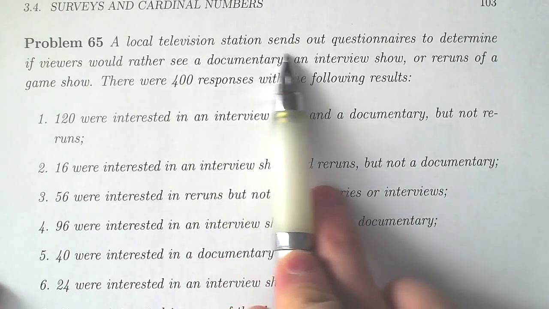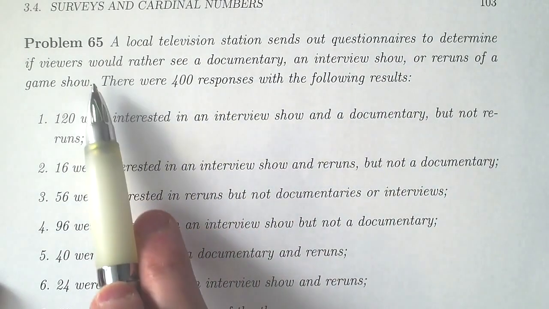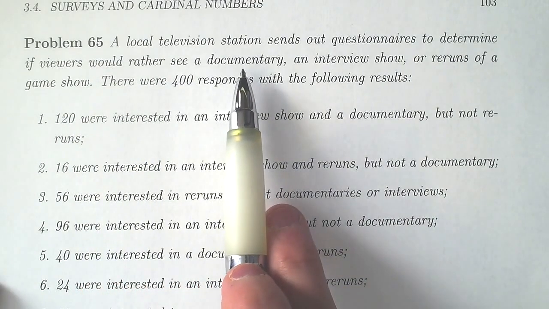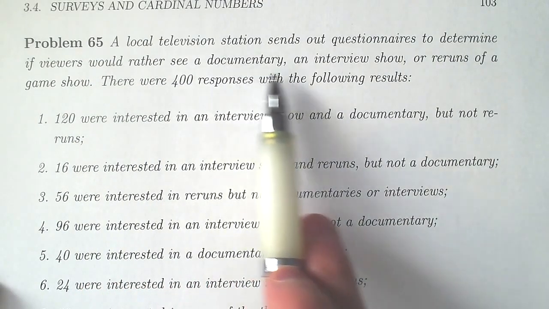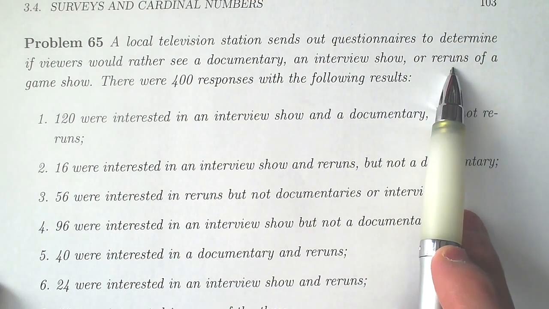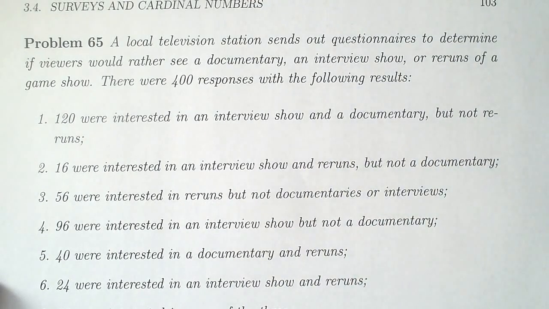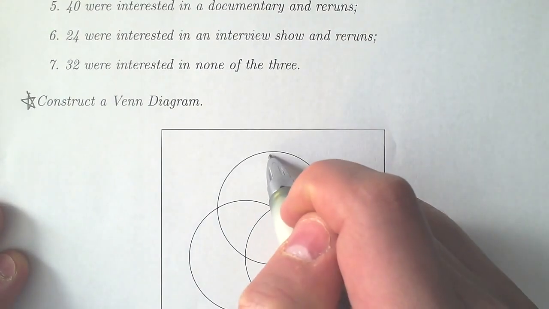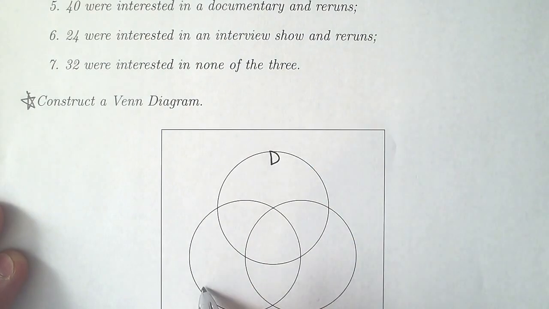Local television station sends out questionnaires. It's about viewers who want to see different types of things. Documentary, interview show, or reruns of a game show. So those are going to be our 3 categories. Let's go ahead and label this. How about D for documentary, I for interview, and R for reruns?